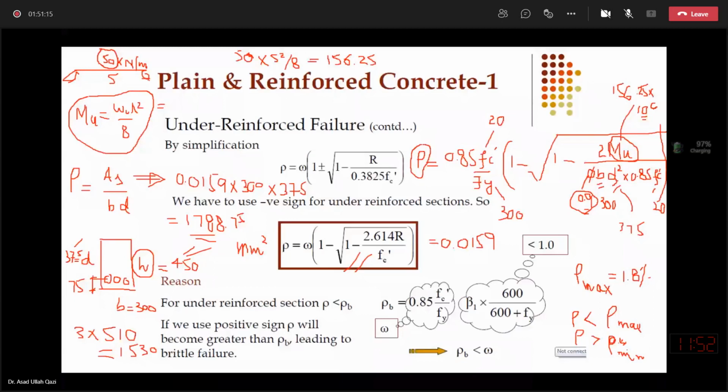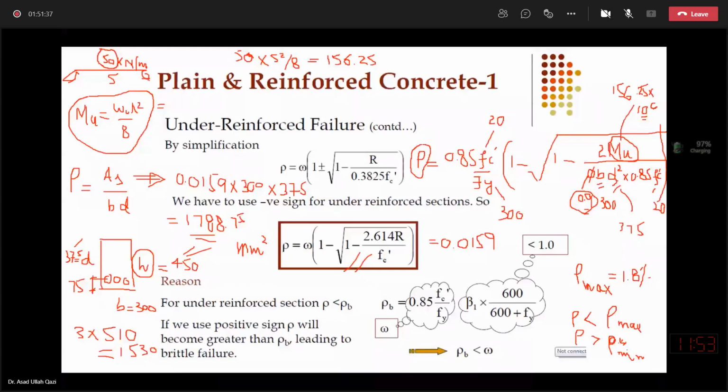Here I rounded up the demand, so the steel area is not 3 number 25 bars. If I put 3 number 25 bars, I am under-designing the cross section, which is unacceptable.